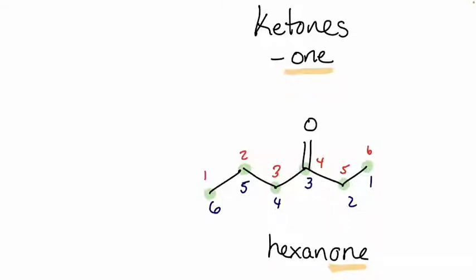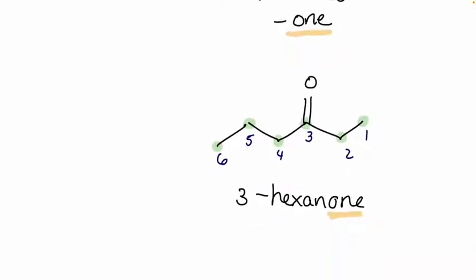Who thinks it should be the red numbering scheme? Who thinks it should be the blue numbering scheme? Why the blue? Because it puts that ketone on the smaller number carbon, right? So I'm going to pick my blue numbering scheme. I'm just going to get rid of this so we don't get confused. So this would be 3-hexanone.